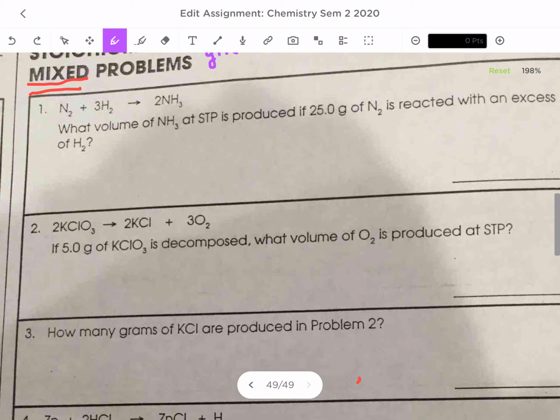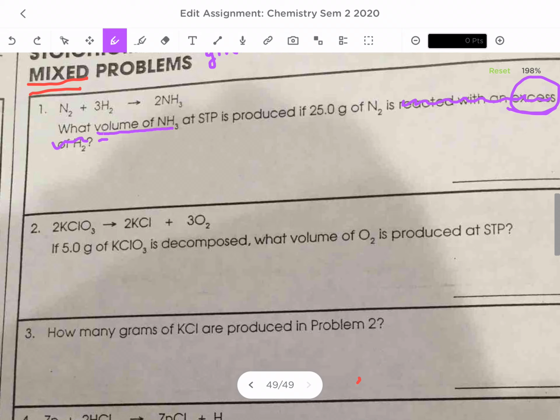Now, this whole reacted with an excess, whenever you start seeing this word excess, or sometimes they'll say unlimited amount, whenever you see excess, that stuff doesn't matter. You're only looking for what they're asking you for.